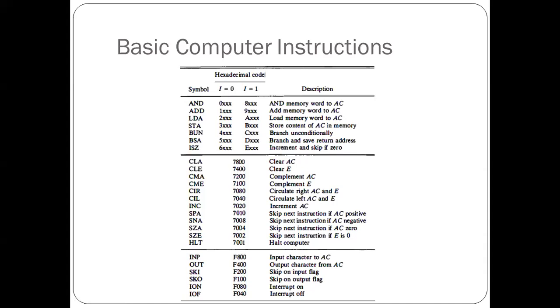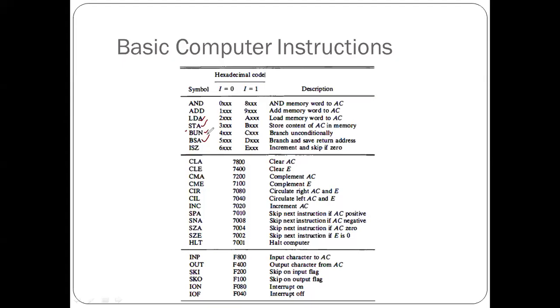If you observe these instructions, we have certain arithmetic and logical operations like add and logical and, certain memory related instructions like load and store, and certain instructions which depend on control transfer, like branch unconditionally and branch and save address. With branching, you want to change the control from one place to another.